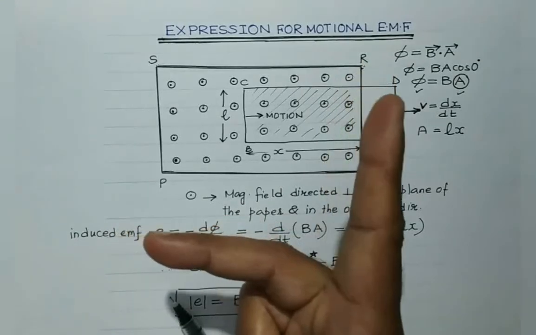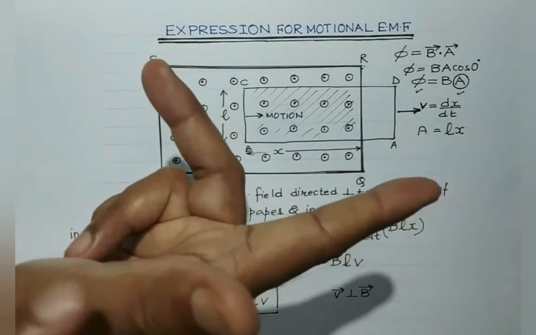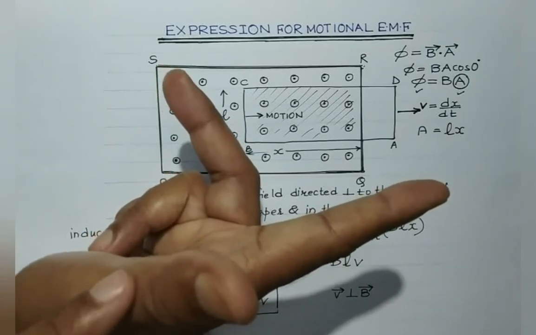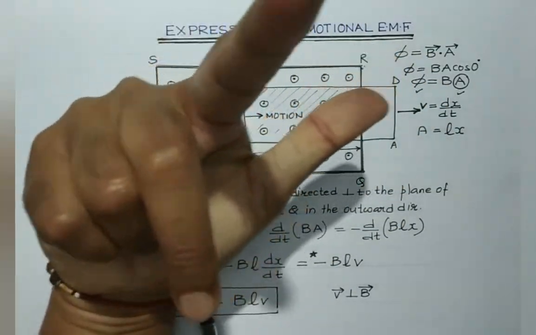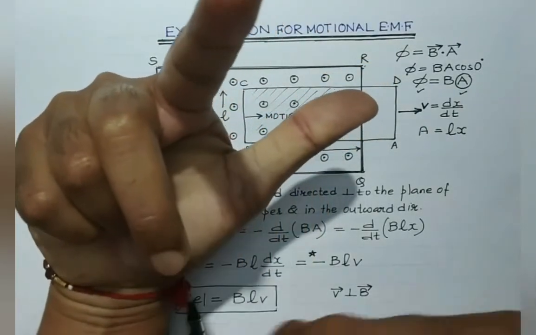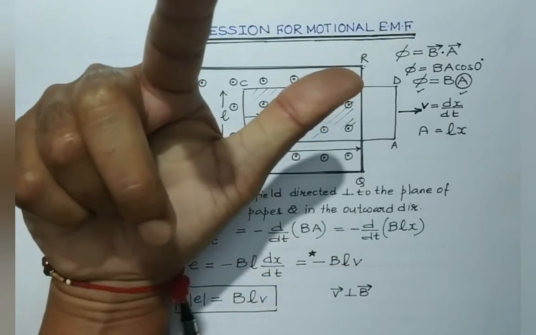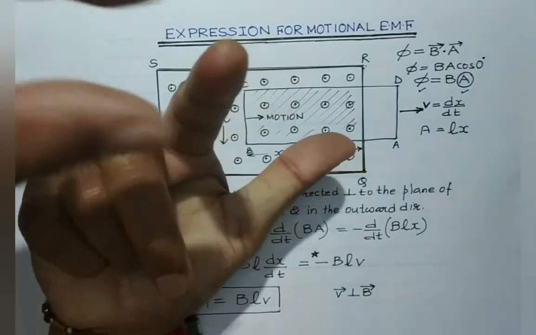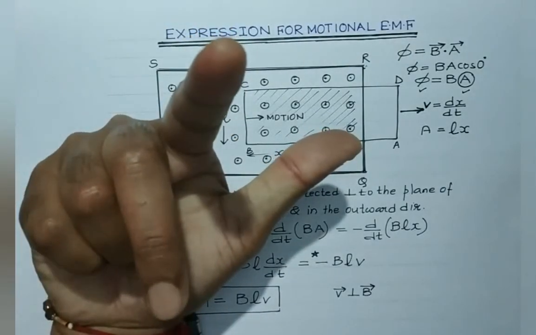So in this case, students, let's consider this one. This is the direction of the motion of the conductor, right? The thumb indicates the direction of motion of the conductor. The coil is made to move from left to right. This finger represents the direction of the magnetic field, which is in the outward direction.